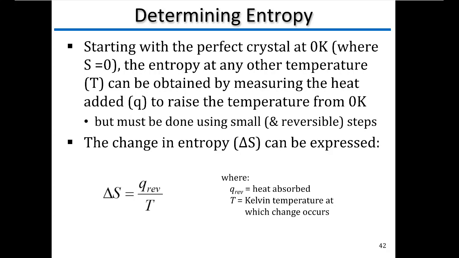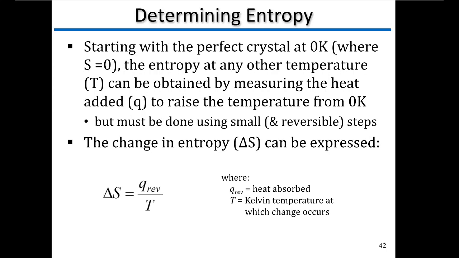Okay, so starting with a perfect crystal at 0 Kelvin, where again entropy is equal to 0, the entropy at any other temperature can be obtained by measuring the heat added to raise the temperature from 0 Kelvin. But this must be done using small and reversible steps.